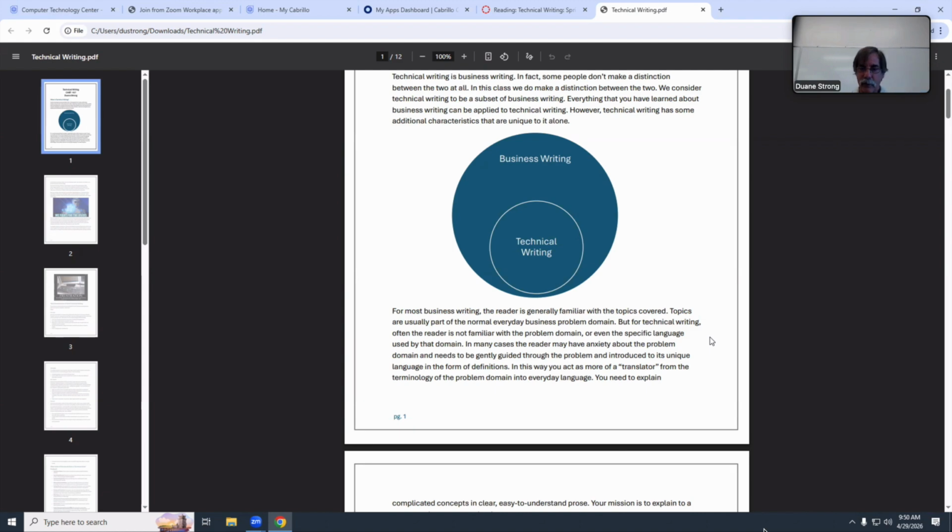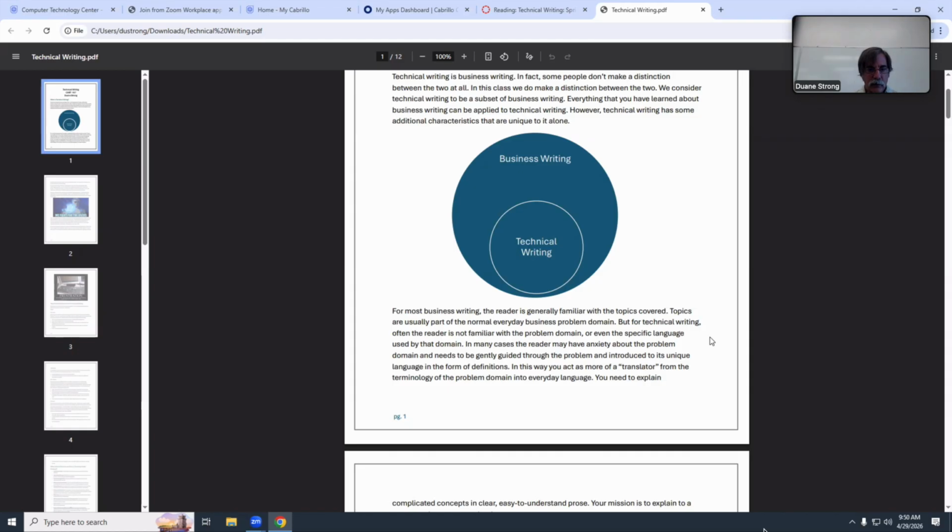But in technical writing, that's not the case. Often, the reader is not familiar with the problem domain, or even the language that you're going to use in that domain. And in a lot of cases, that causes anxiety about the problem domain. They're afraid of it. It's new. They don't understand these words. They don't know what you're talking about. It's uncomfortable for them.